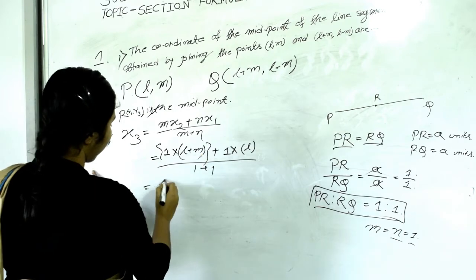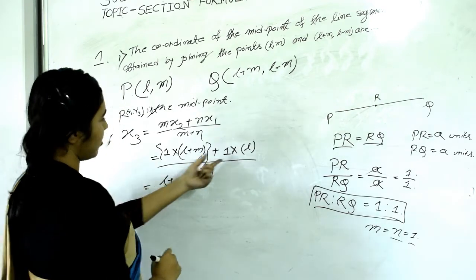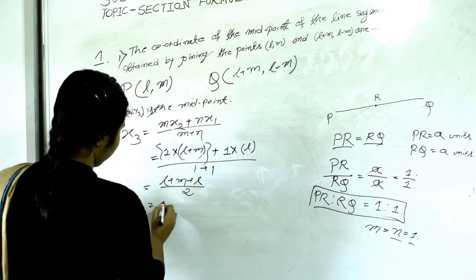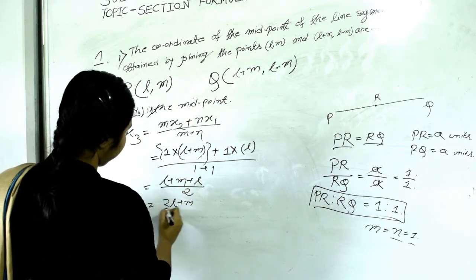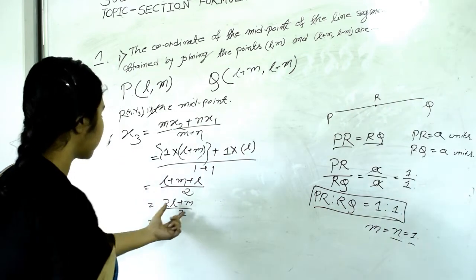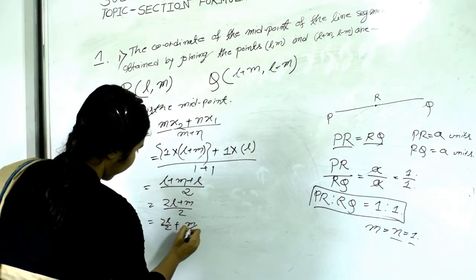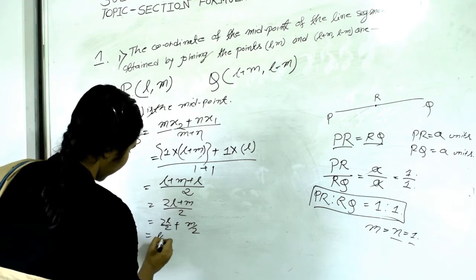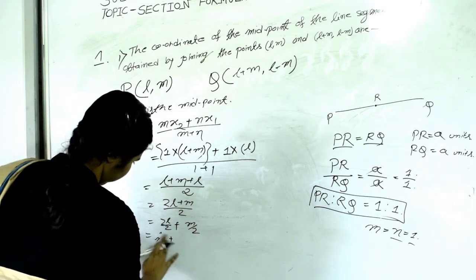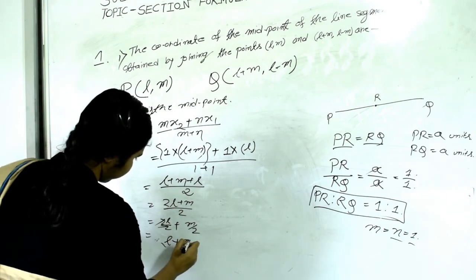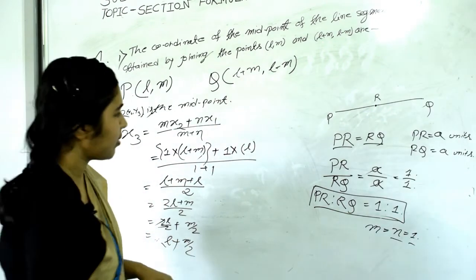Now 1 into L plus M, L plus M, 1 into L, so plus L by 2, which means 2L plus M by 2. Now split this, so 2L by 2 plus M by 2, which is equals to L by 2 plus, 2 cancel, L plus M by 2, okay?